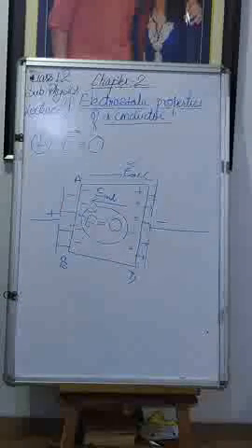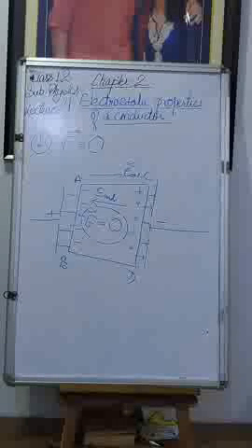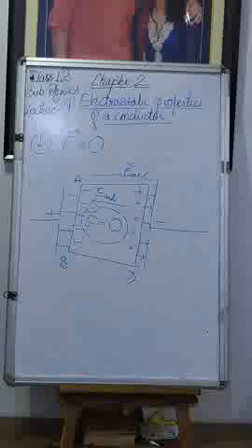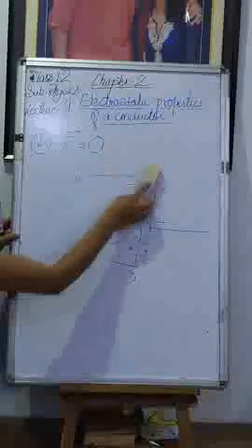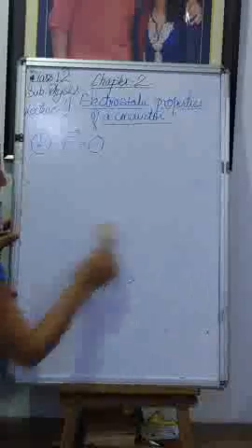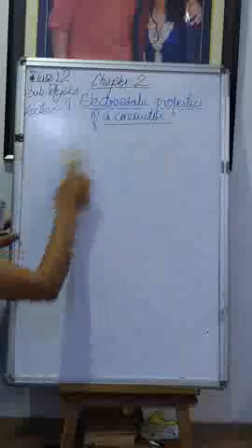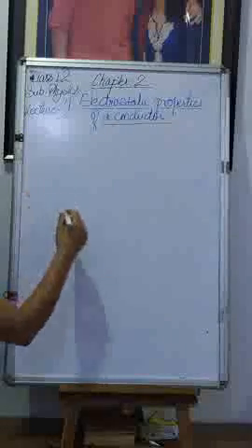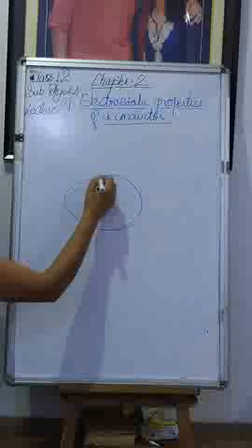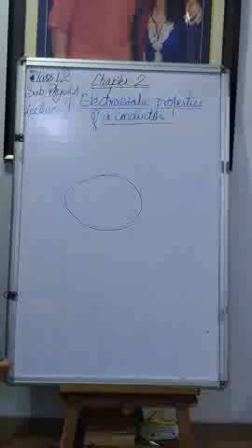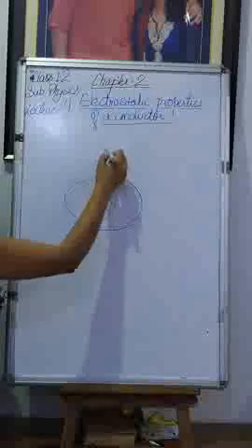So the first property says that the net electrostatic field is 0 in the interior of a conductor. The second property says that just outside the surface of a conductor, the electric field is always normal to the surface. If we have a conductor and take any point on it, at this point the direction of the electric field is always normal to the surface.